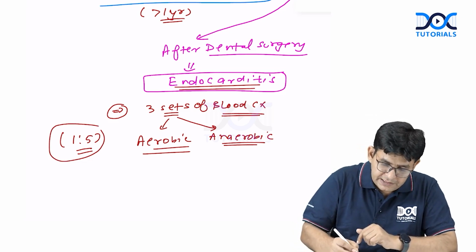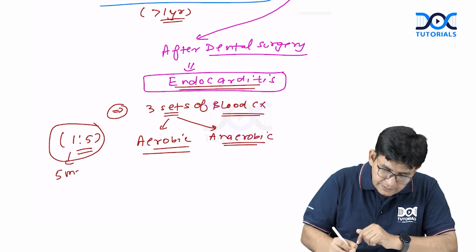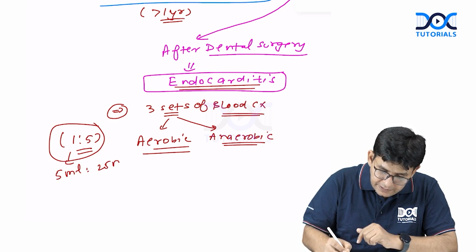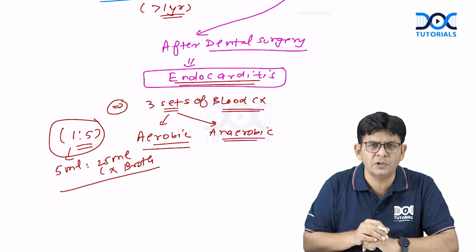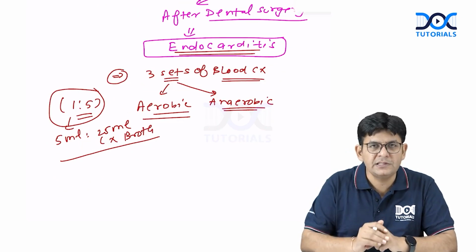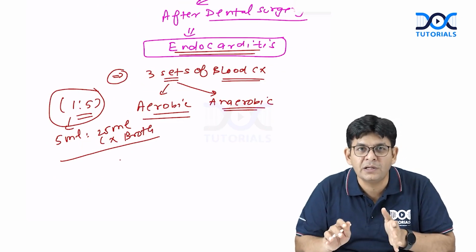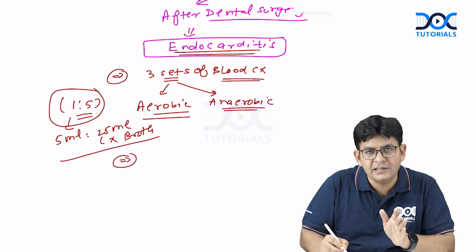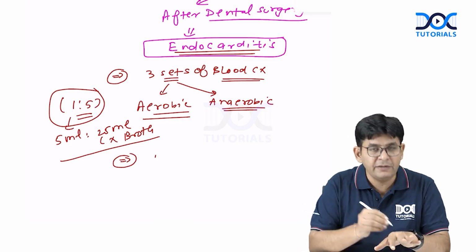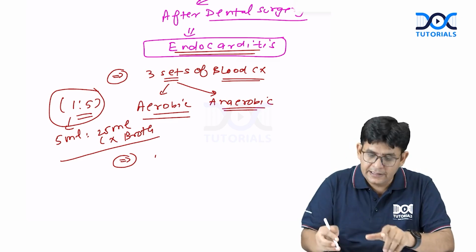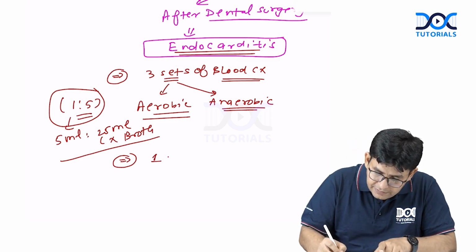The ratio means if you are taking 5 ml of blood, then you take 25 ml of culture broth. And the culture broth can be BHI, brain heart infusion broth. It can be glucose broth also, but BHI is preferred. 3 sets means in total 6 bottles. They also say that this blood should be taken from different sites, 1 hour apart.